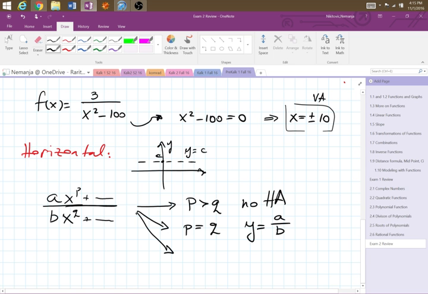And then p could be less than q, and for p less than q, we have a horizontal asymptote at 0. So if the larger exponent is in the denominator, the asymptote is 0. Larger exponent in the numerator, no horizontal asymptote. And if the exponents are the same, we get the ratio of front coefficients, so a over b. Bueno?